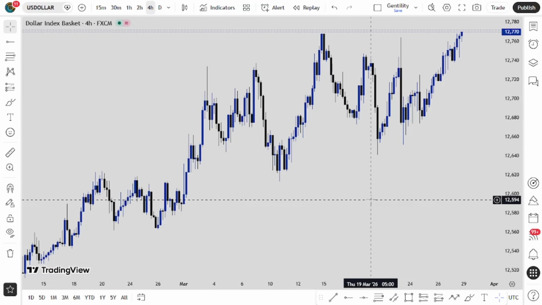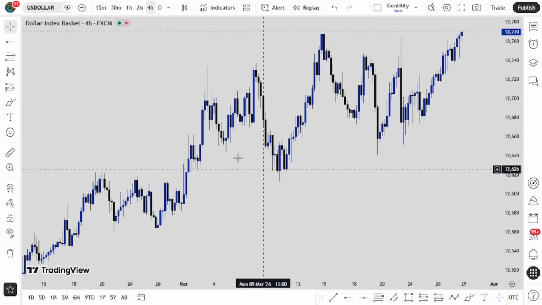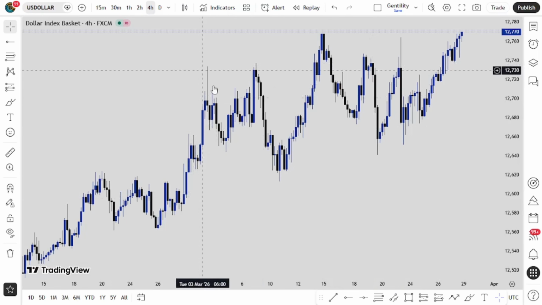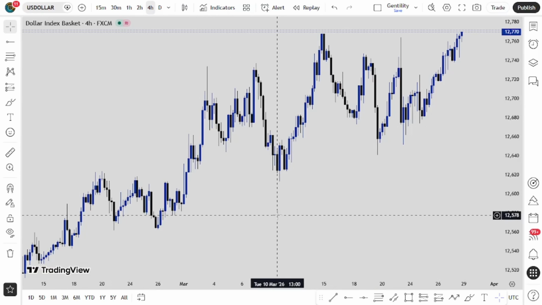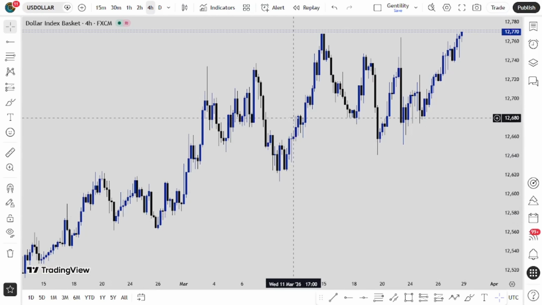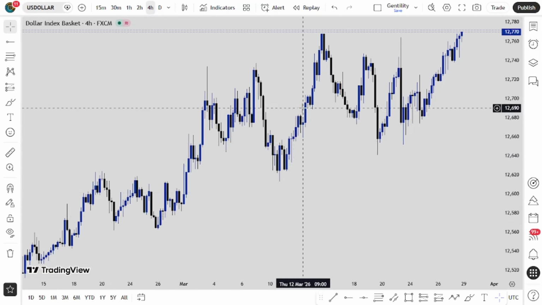Now remember, when we were looking at the sell, we said you want to take it from the most recent swing high to the most recent swing low, wait for price to pull into the premium zone, and we said the zone we will be looking at was the 78% retracement.